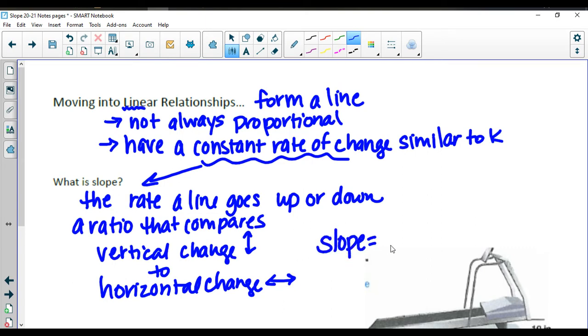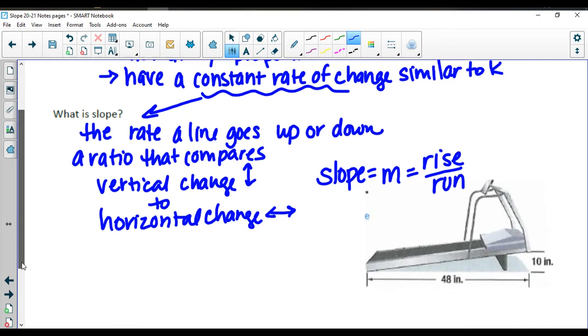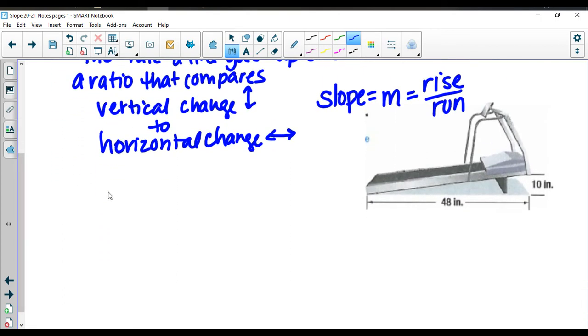Slope, we are going to utilize the letter M to represent slope. And we're going to start off today by using slope defined as rise over run. Rise is going to represent your vertical change, and your run is going to represent your side-to-side change. A couple things about slope that you need to know. We are always going to represent slope as a fraction.